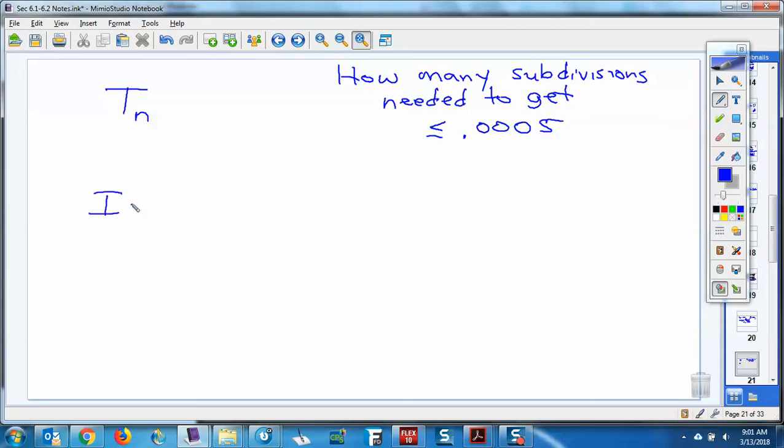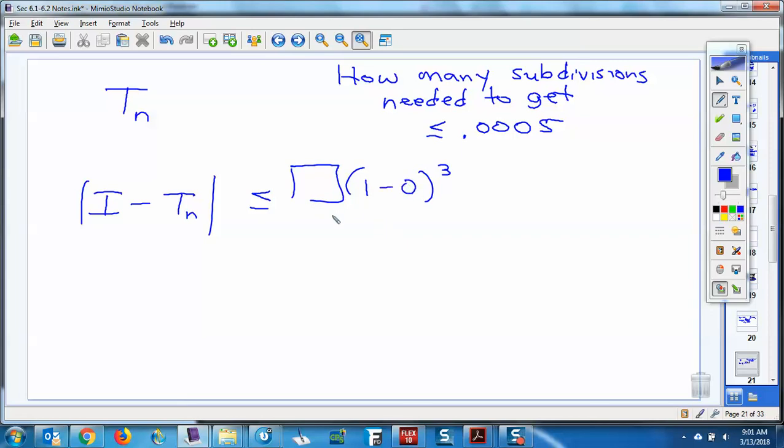So what you do is you set this up and you say, okay, I want my max error to be within, now which formula are we using now? K1 or the K2? K2, because it's a trapezoid. So that's B minus A cubed. Same problem. We're doing the same problem here. So this is going to be K2.